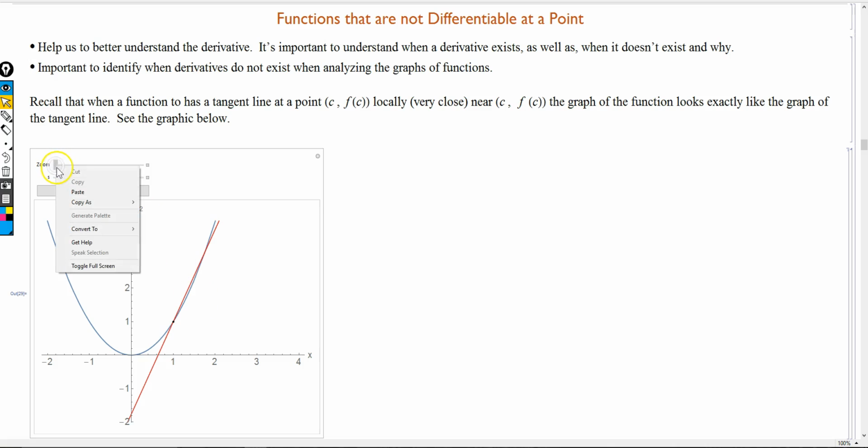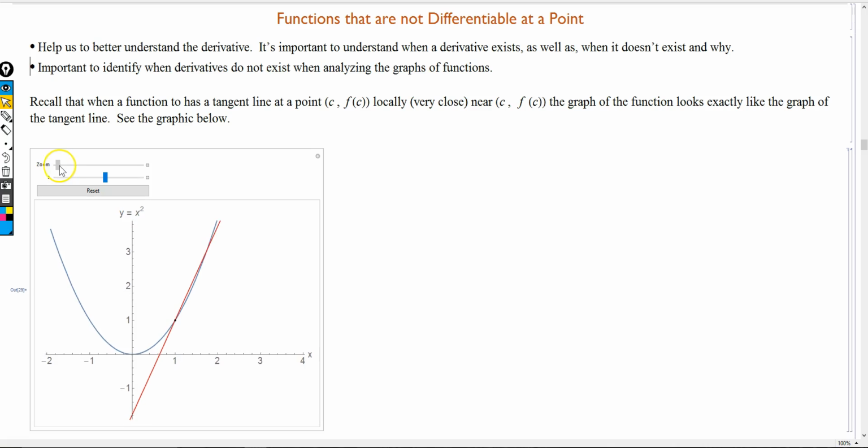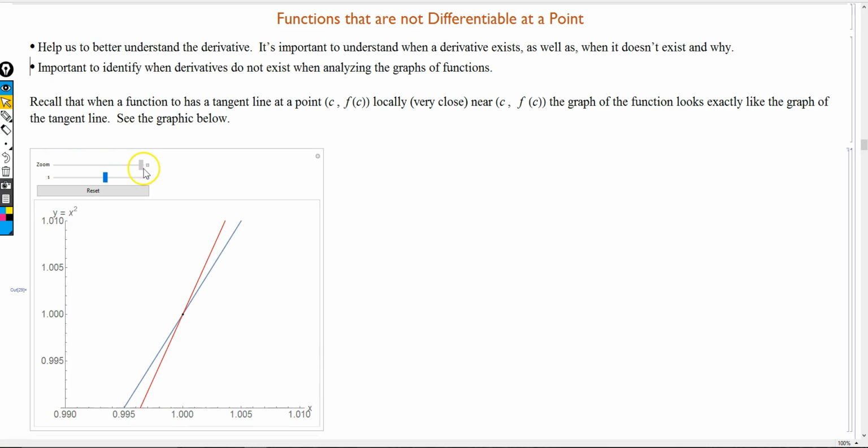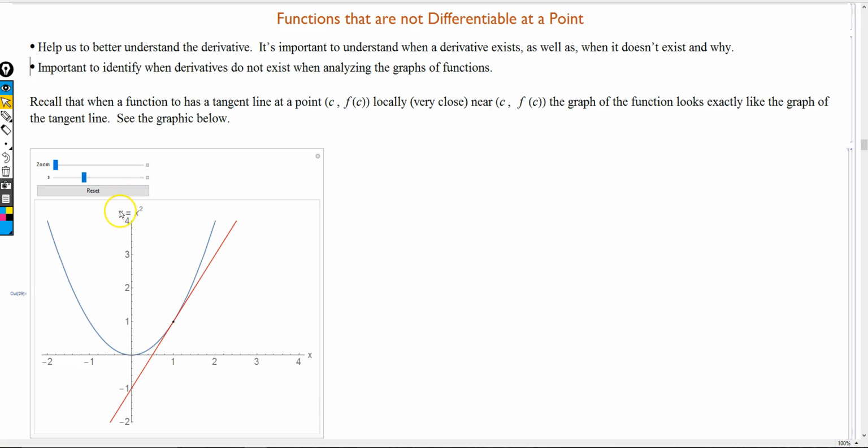And notice if we zoom in at that point, we will always be able to see a difference between the line and the graph of the function. No matter how far we zoom in, we will still be able to see a difference. So that line is not tangent. So that's what it means for a function to have a tangent line at a point.